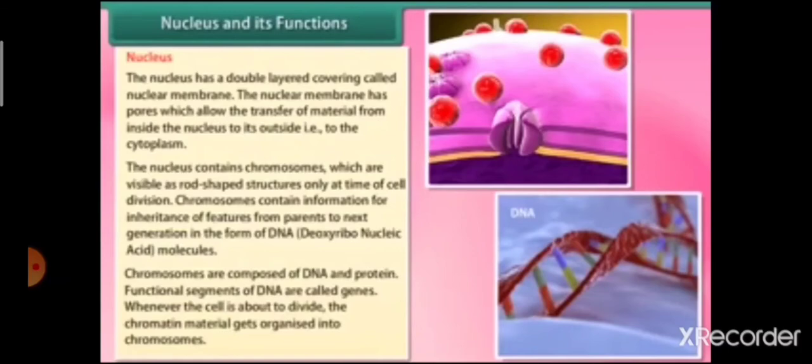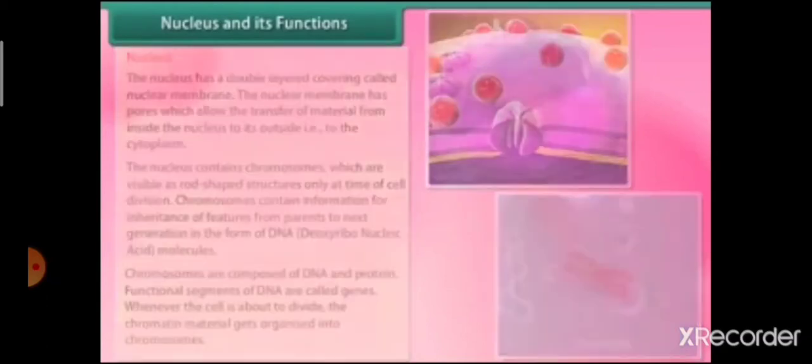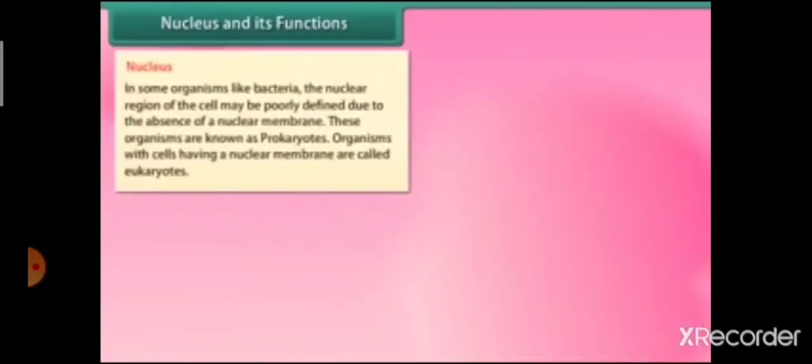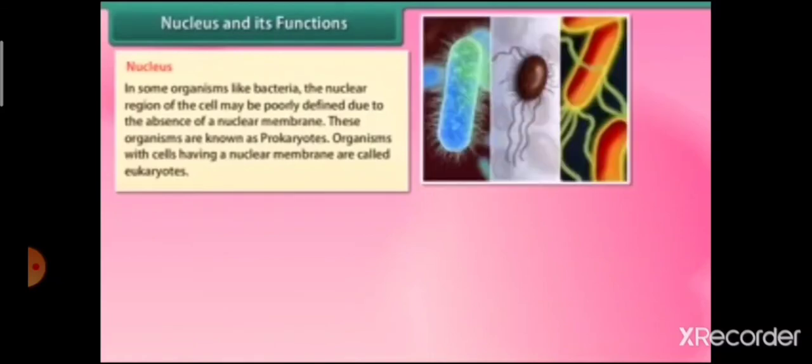Whenever the cell is about to divide, the chromatin materials get organized into chromosomes, which transfer the information. Now, nucleus and its function. In some organisms like bacteria, the nuclear region of the cell may be poorly defined due to the absence of nuclear membrane.